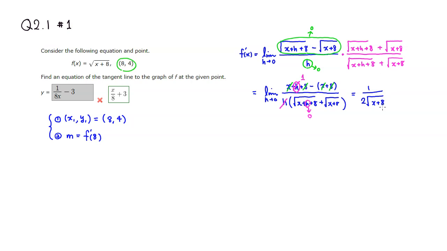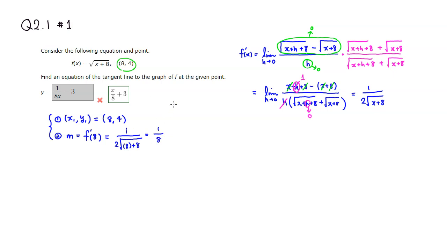Once you know that derivative, all you have to do is plug in x equals 8. So this is 1 over 2 square root of 8 plus 8. 8 plus 8 is 16, square root of 16 is 4, times 2 is 8, so it's 1/8.